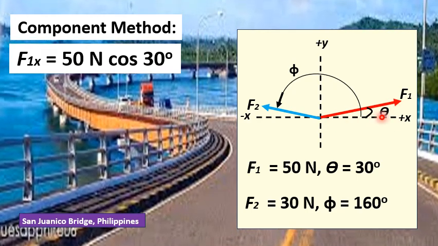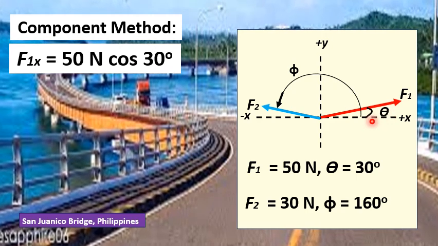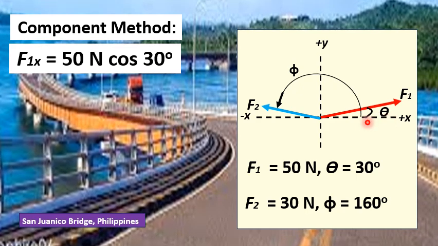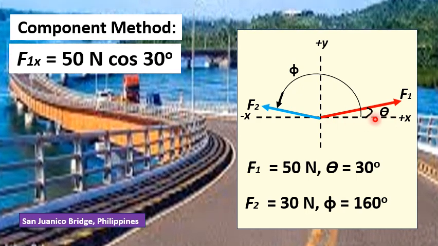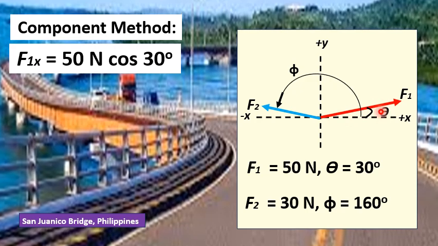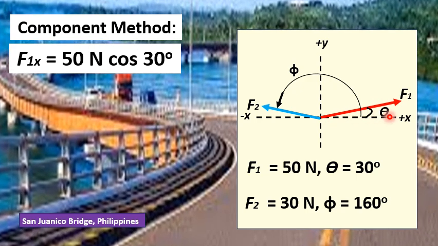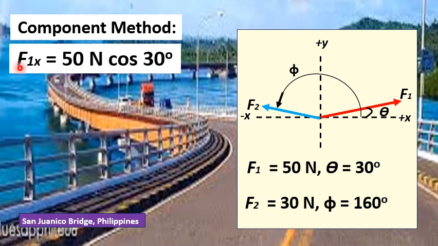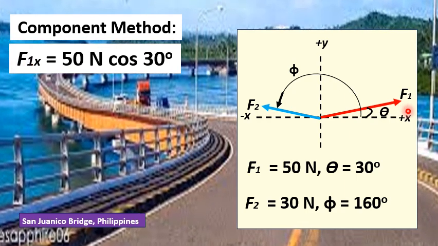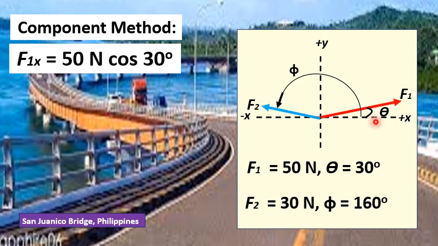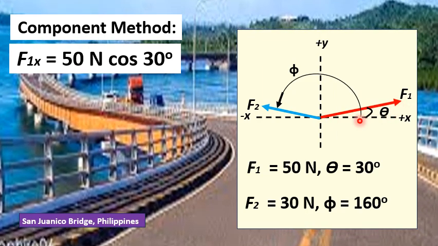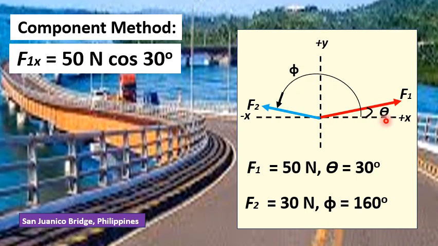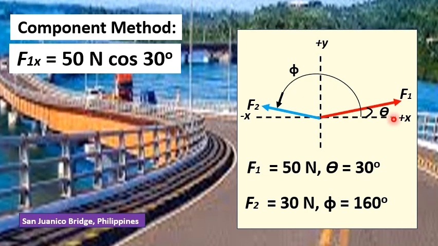And by definition, if you recall your trigonometry, the meaning of cosine is adjacent side divided by the hypotenuse. All right. So the adjacent side is what we want, represented by F1x. So if you divide F1x by F1, adjacent divided by hypotenuse, then that is the same as the cosine of the angle theta.